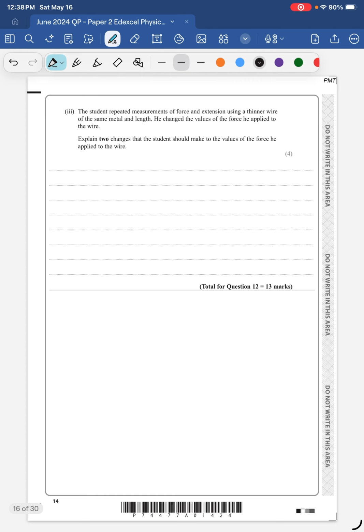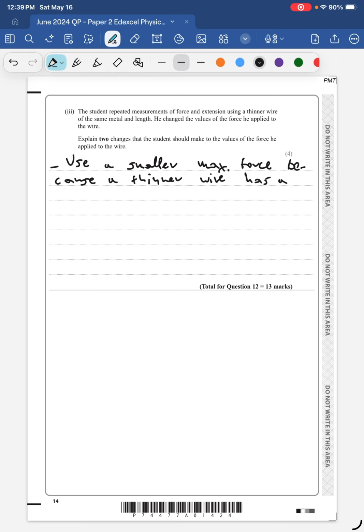3. The student repeated measurements of force and extension using a thinner wire of the same metal and length. He changed the values of the force he applied to the wire. Explain 2 changes that the student should make to the values of the force. So use a smaller maximum force, because a thinner wire has a lower breaking stress.